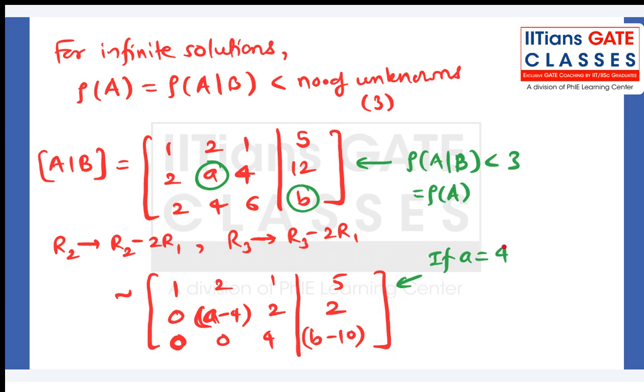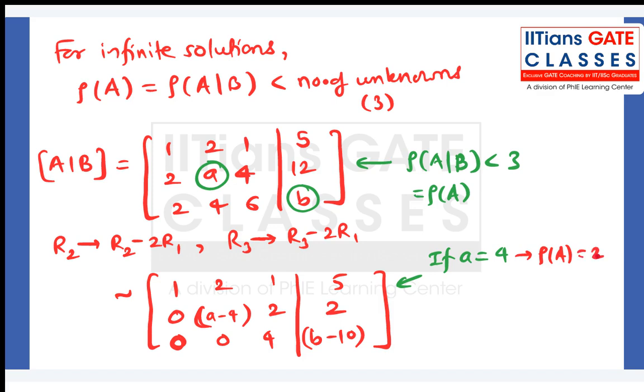Maybe I should write it slightly clearer. If A is equal to 4, then the second row becomes 0, 0, 2, and in that case you can obtain the third row by multiplying R2 by 2. So they are linearly dependent. So in that case, you get the rank of your coefficient matrix as 2.